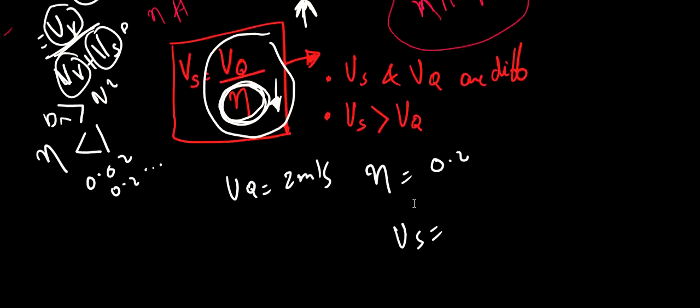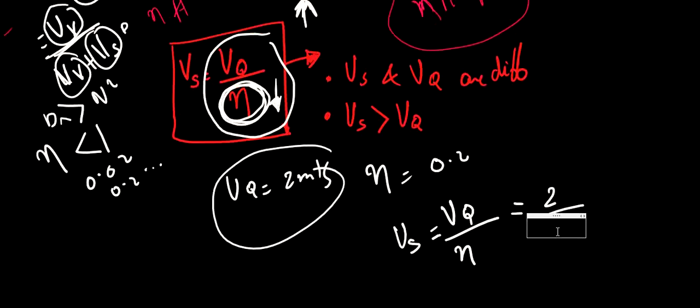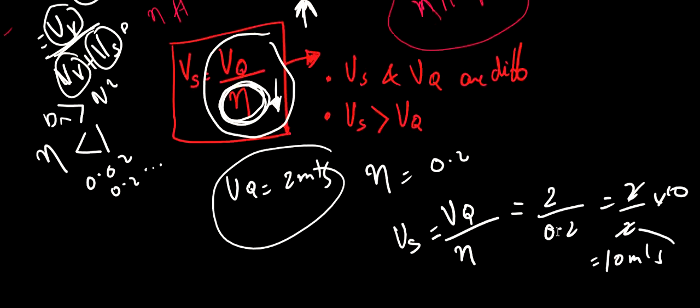That is discharge velocity upon eta, so 2 upon 0.2. The 2 will cancel out, so it will be 10 meter per second. Here I can see that my seepage velocity is 10 meter per second, and earlier my discharge velocity was 2 meters per second. So my seepage velocity has increased in order to satisfy the discharge value. I hope this is very clear now.